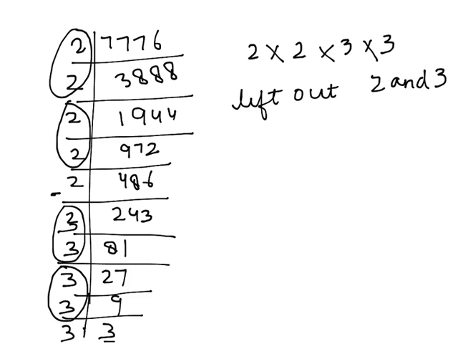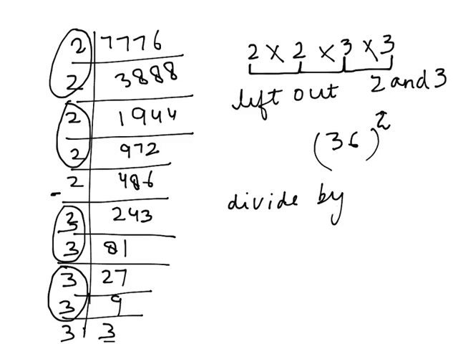It means if we divide this number by 6, or by 2 and 3, we will get a perfect square. The next number will be the perfect square of 2 times 2 is 4, times 3 is 12, 12 times 3 is 36, because here we have to divide. The next number will be the perfect square of 36. So we will divide by 2 and 3.